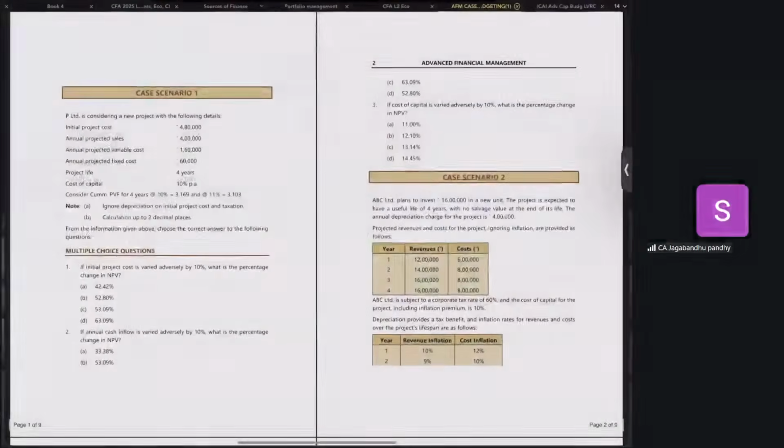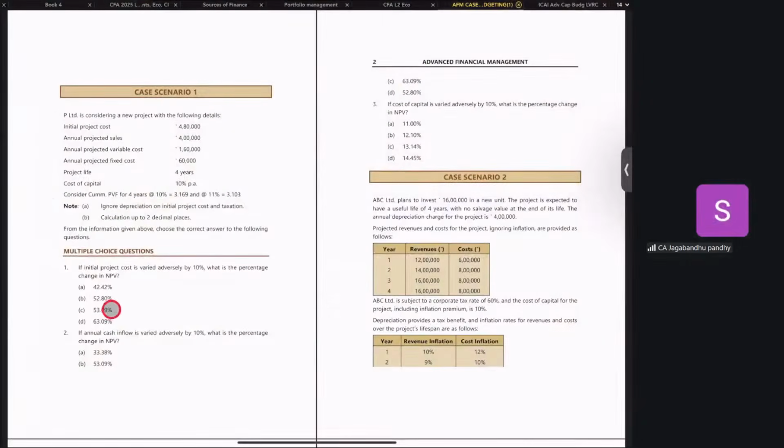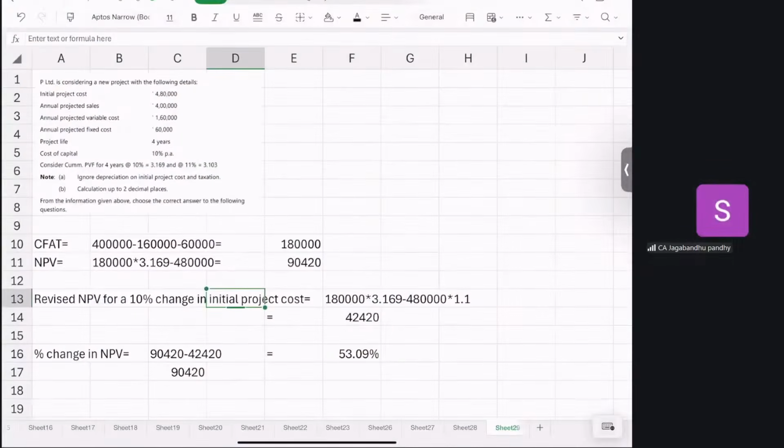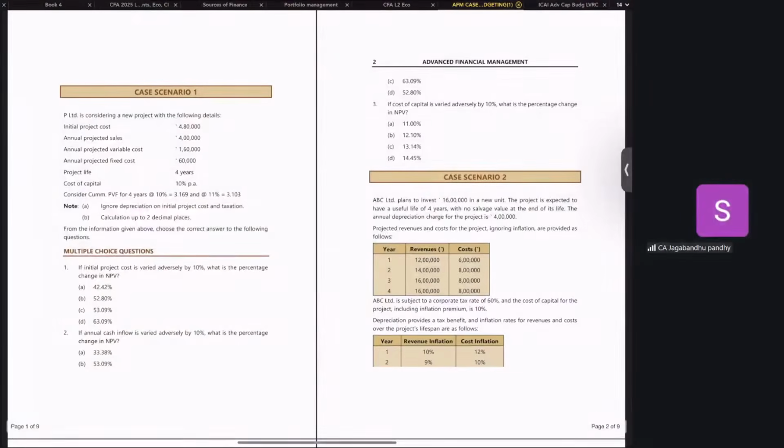So as per that, the option is option C. Did you get it, everyone? Option C. Yes, sir. Yeah. Okay.